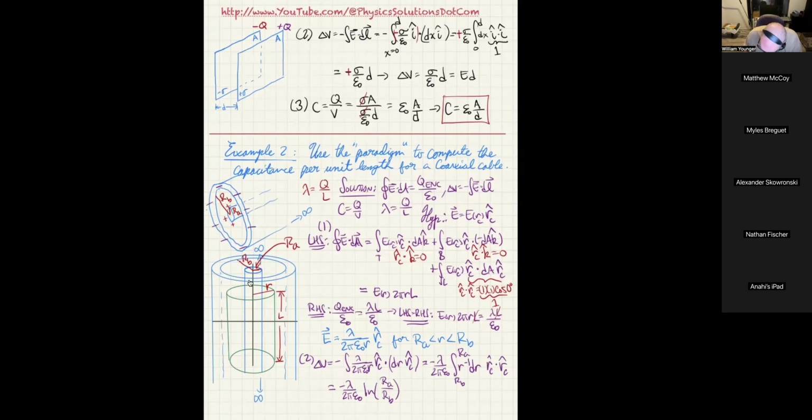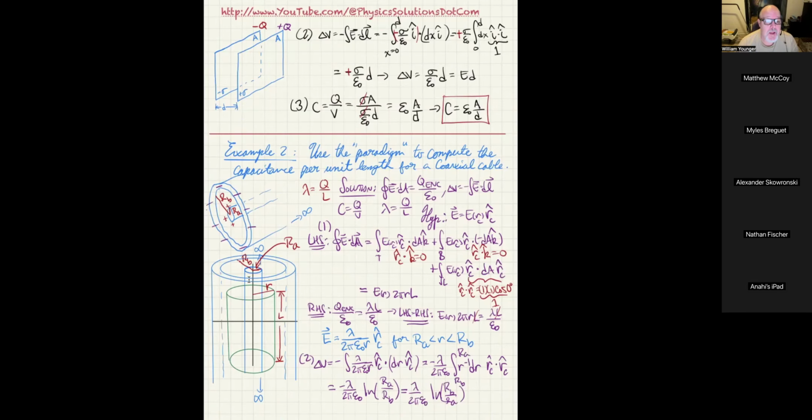I can reverse that order and get rid of the negative at the same time by just calling this lambda over 2 pi epsilon naught times the natural log of RB over RA. So now I've got the actual voltage as lambda over 2 pi epsilon naught ln of RB over RA.